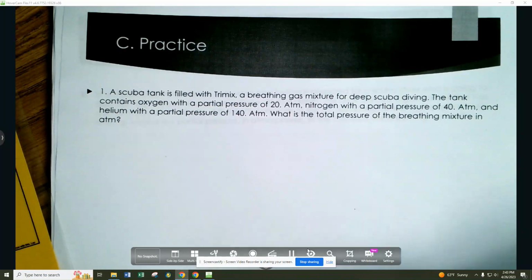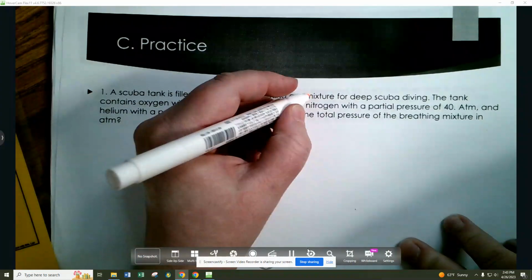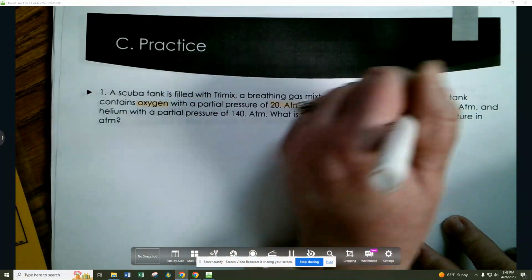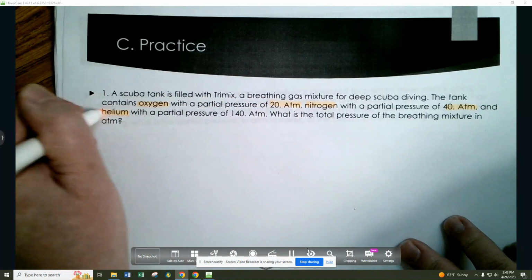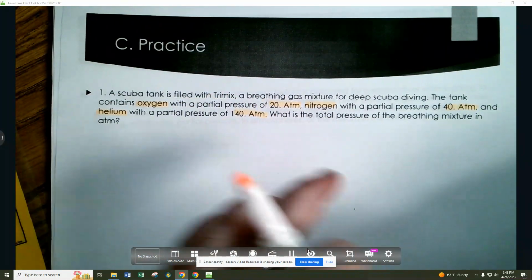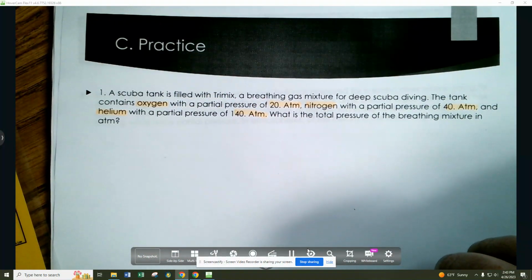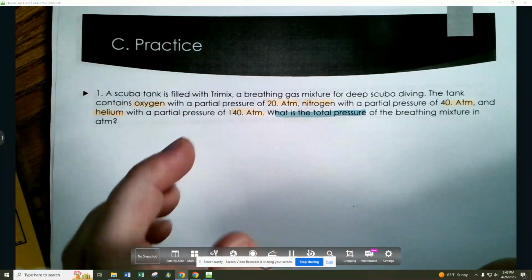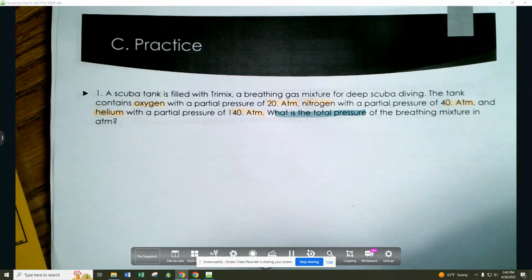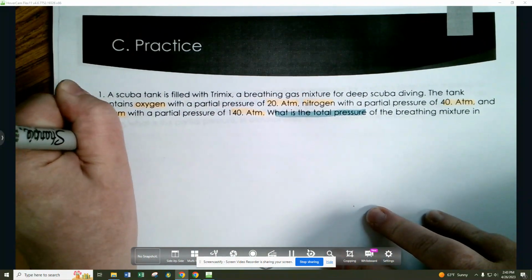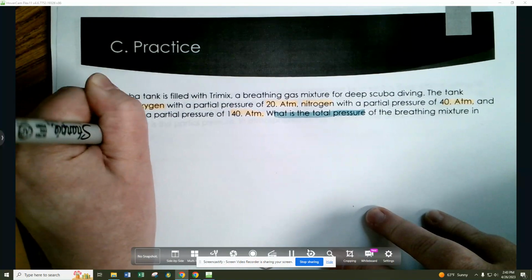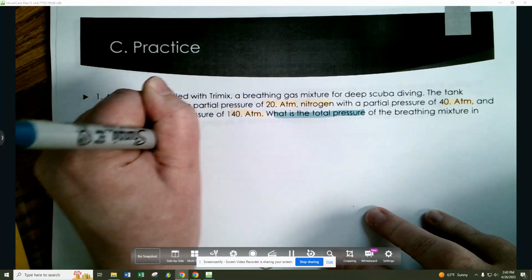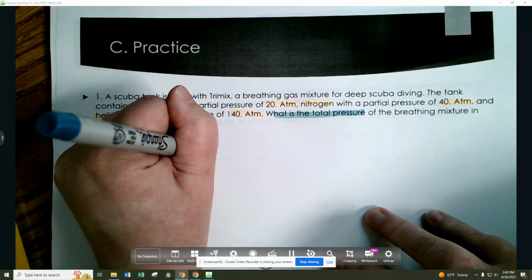We can pick out of the lineup that we have 3 different gases, so there are 3 total gases in this scuba tank, and it wants to know the total pressure. So PT is equal to the pressure of the oxygen plus the pressure of the nitrogen plus the pressure of the helium.